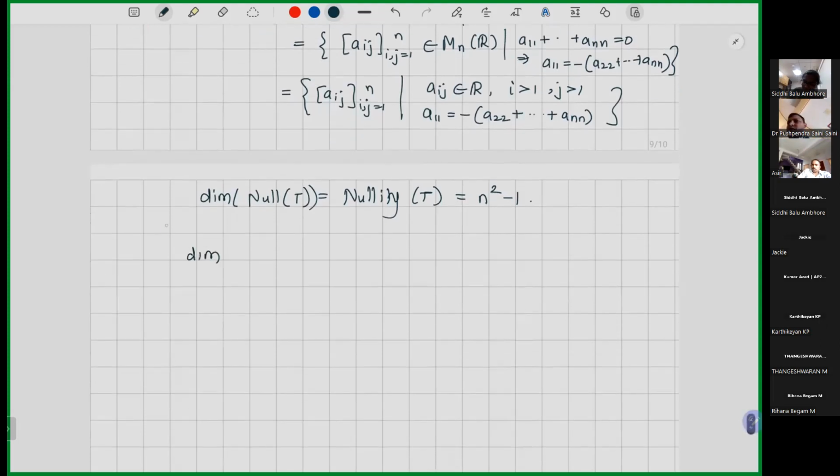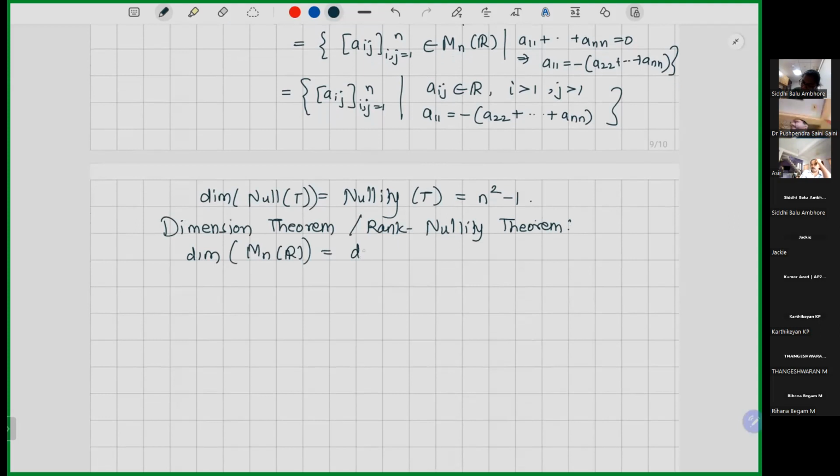Then by the dimension theorem or rank-nullity theorem, what we have is the dimension of MnR is equal to rank of T plus nullity of T, right?